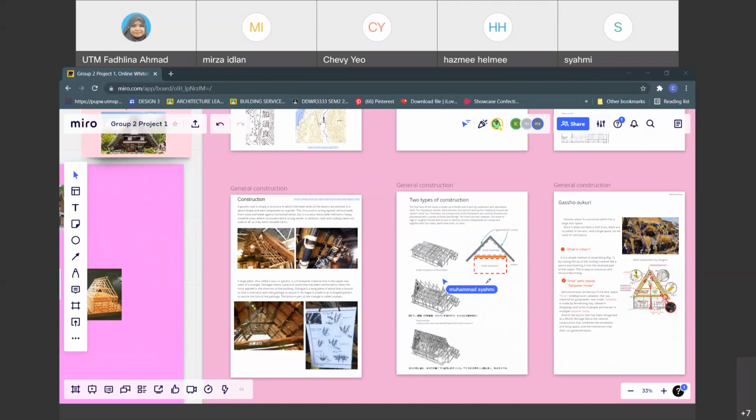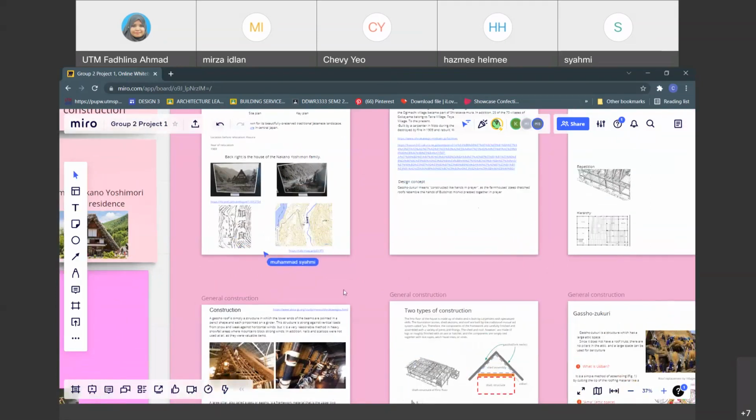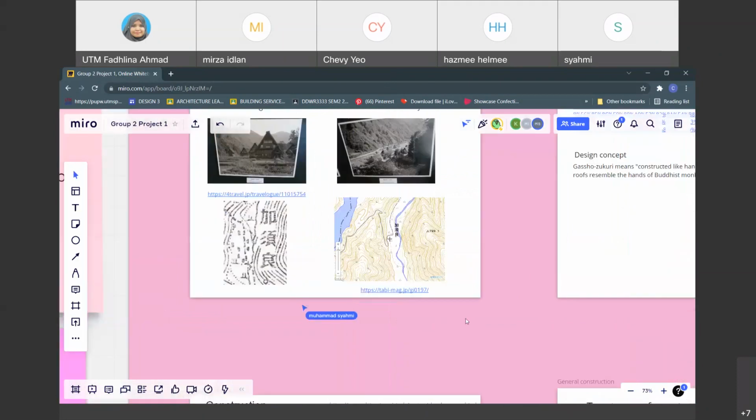What is this? This one? Is it the topography of that area? This one is a former location of the building.